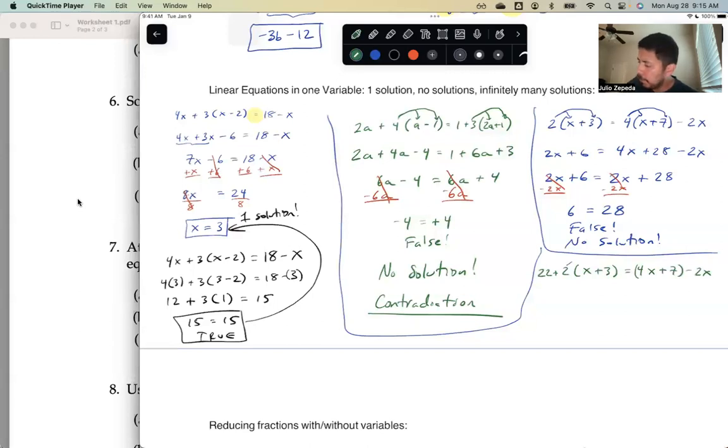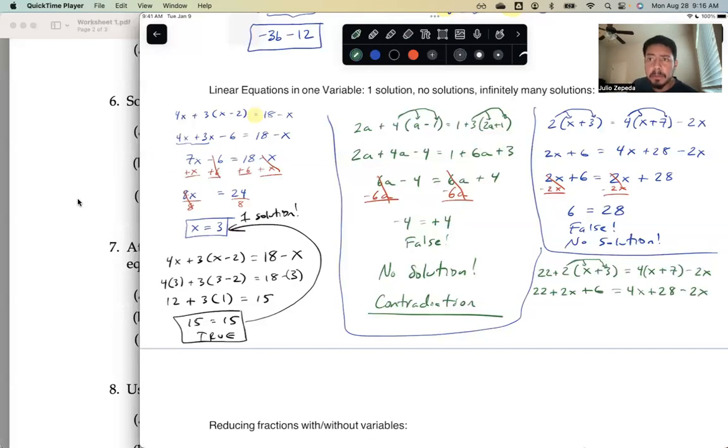So if we distribute, slight mistake here, the parentheses should be right there. So we get 22 plus 2x plus 6 is equal to 4x plus 28 minus 2x.